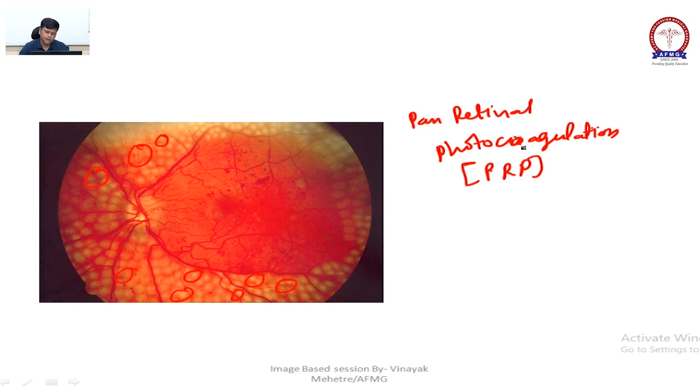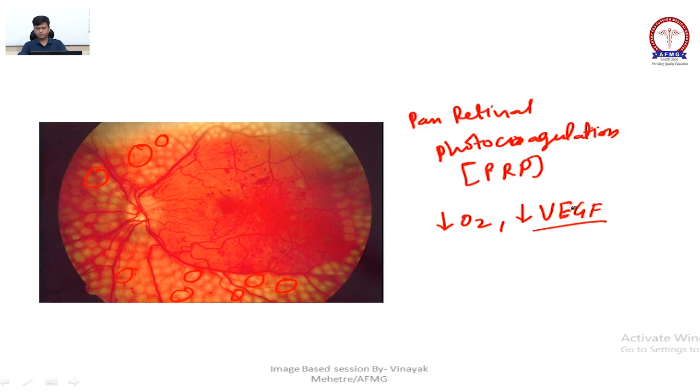This is done in diabetic retinopathy to decrease oxygen demand and to decrease VEGF factor in diabetic retinopathy.